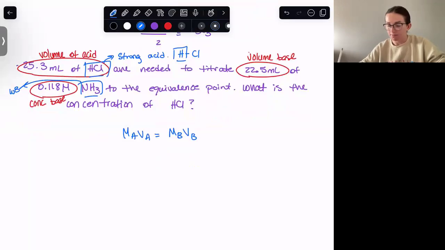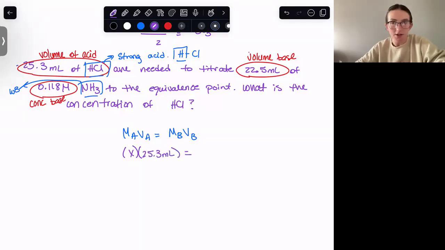All right, so we're given our formula of acid equals base, right? And this would tell us that the moles of our acid is equal to the moles of our base. So what value are we putting in for Ma? Do we know what Ma is? Good, we are solving for Ma. So Ma is going to be X. The volume of acid is going to be what we labeled as 25.3.